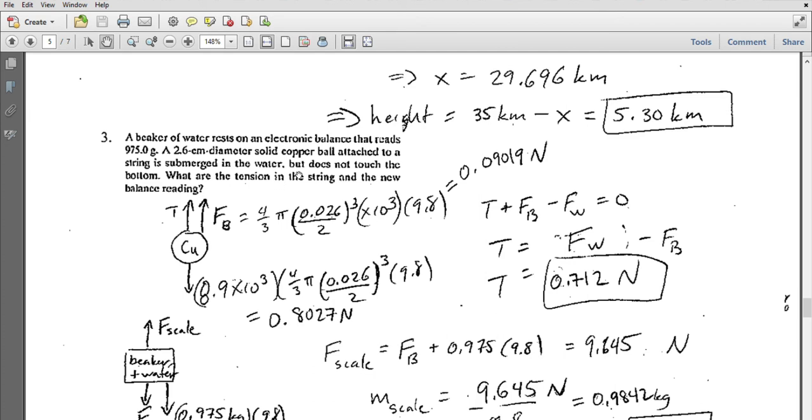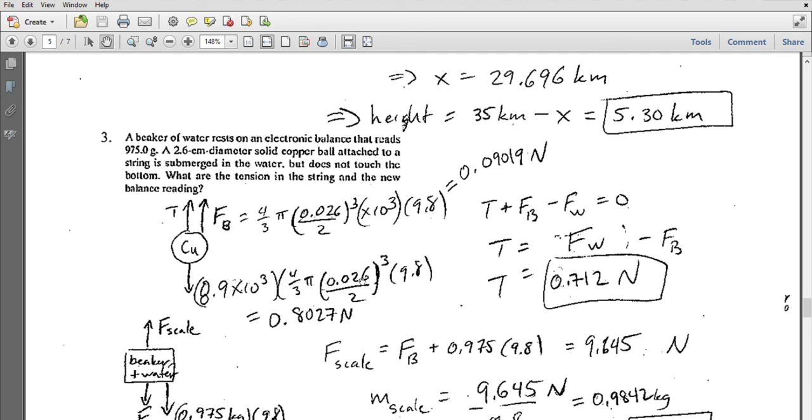So to get the tension in the string, what I can do is think of a free body diagram for just the copper ball. Here it is right here. It's got some new tension going up after it's been submerged, in addition to the buoyant force, and then a weight force going down. So to calculate the weight force, I need to multiply the density of copper, which you got to look up in a table of densities, that's from the book, times the volume of the copper ball, and that's 4/3 pi r cubed.